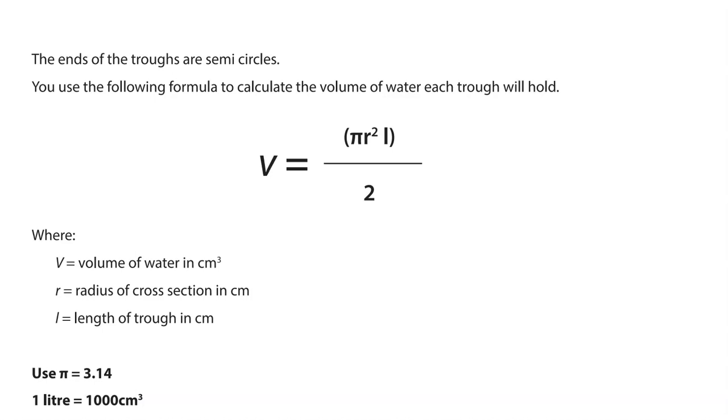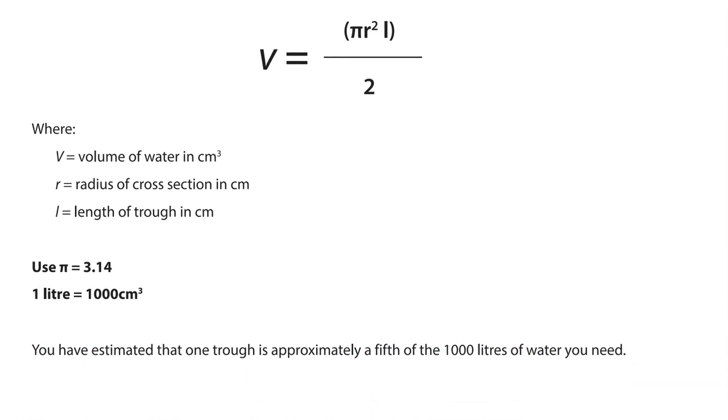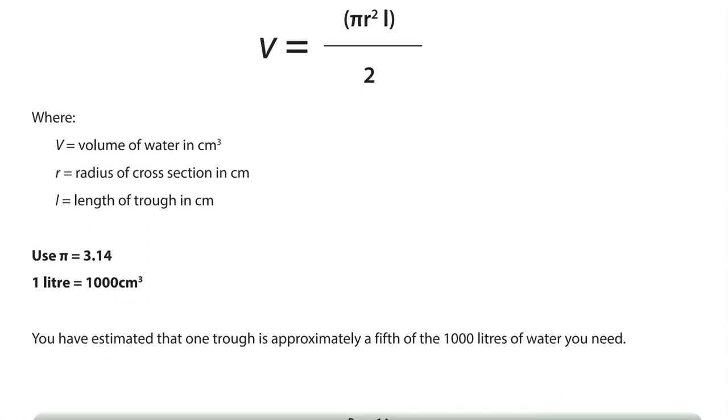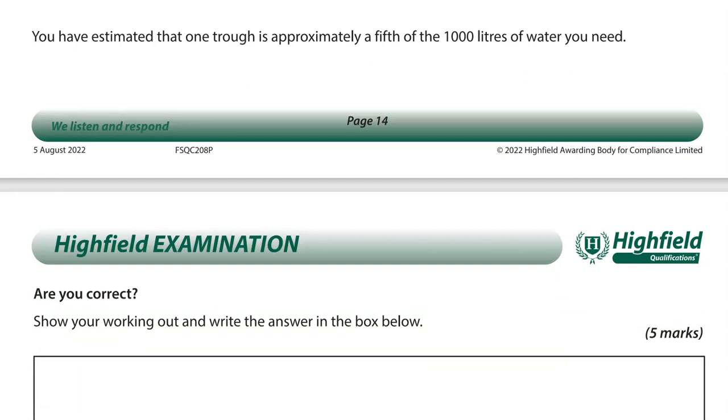Use pi equals 3.14, 1 litre is equal to 1,000 cubic centimeters. You have estimated that one trough is approximately a fifth of the 1,000 litres of water you need. Are you correct? Show your working out and write the answer in the box below.